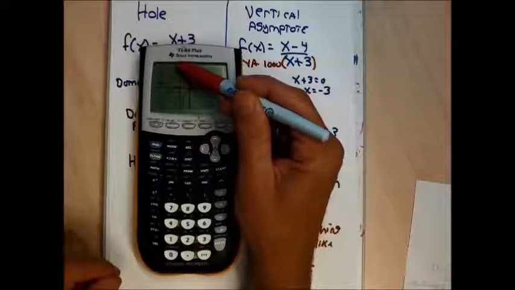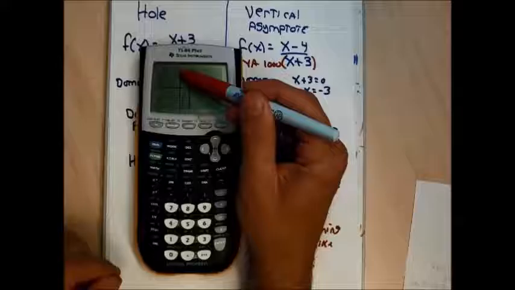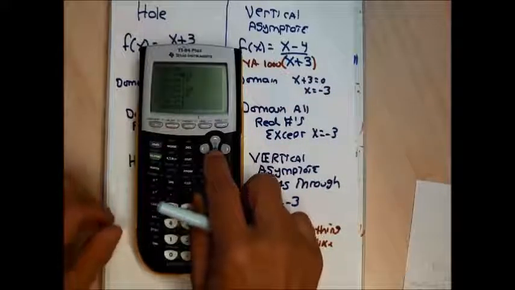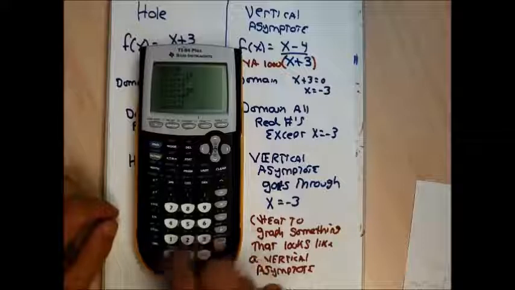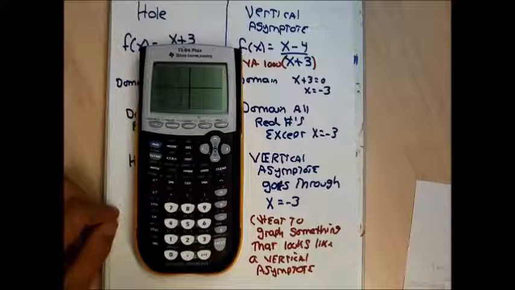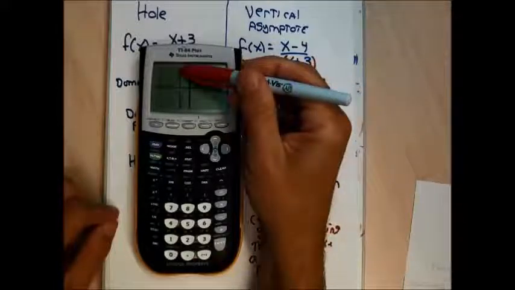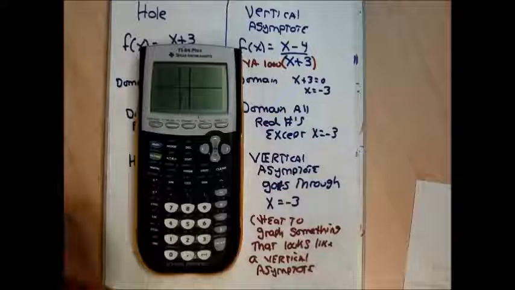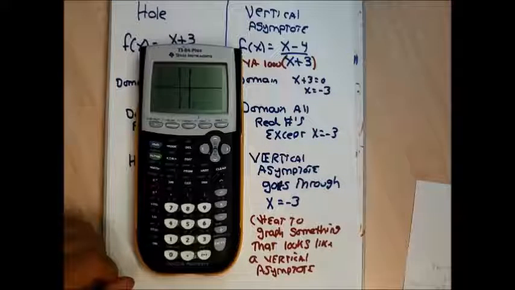Similarly, the higher the graph goes on this side, the closer it gets to this line, but it doesn't cross nor touch it. If in my window I make the y's go higher and lower, you'll start to see what happens with this vertical asymptote. The higher and lower the graph gets, the closer it gets to this line, to the point where the graph gets so close to the line that my calculator can't distinguish the graphs from each other.